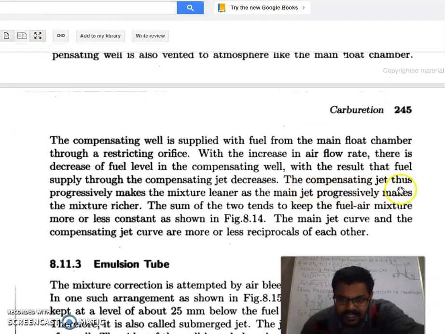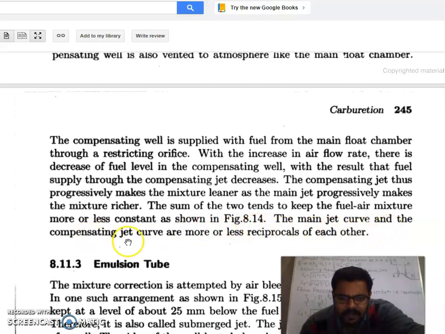The compensating jet thus progressively makes the mixture leaner as the main jet progressively makes the mixture richer. The sum of the two tends to keep the fuel air mixture more or less constant, as shown in figure 8.14.